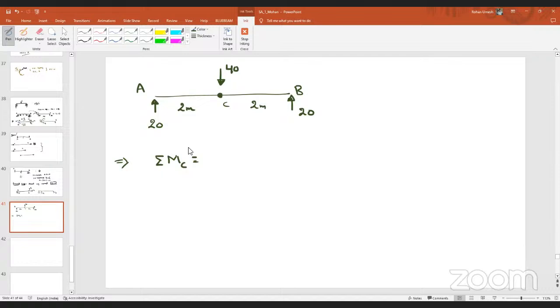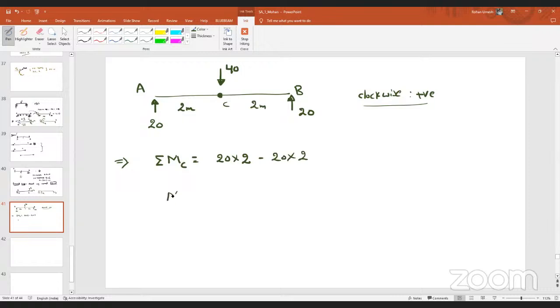Is it right? No, sir. Let us say that you are considering clockwise as positive. For clarity, if there is a clockwise moment, consider it as a positive one. Tell me: 20 into 2 minus 20 into 2.